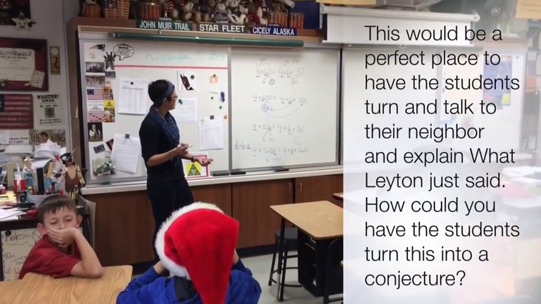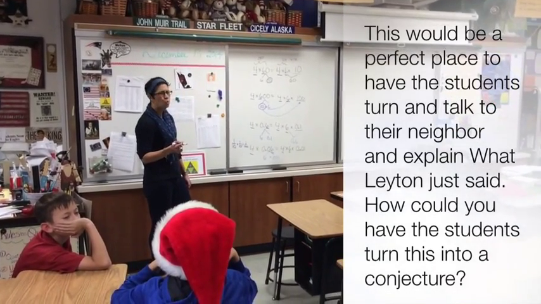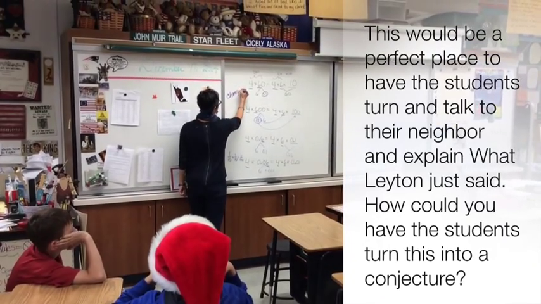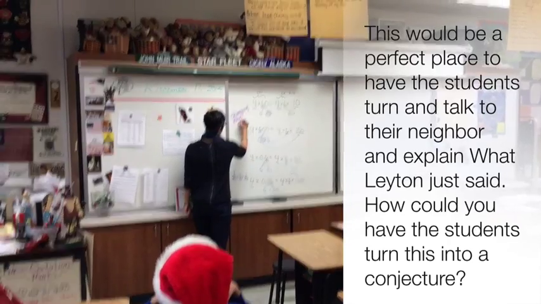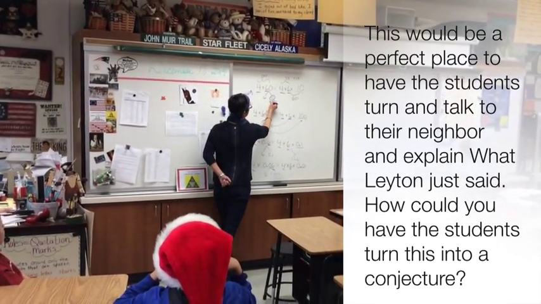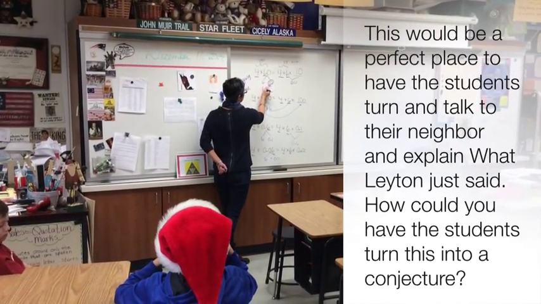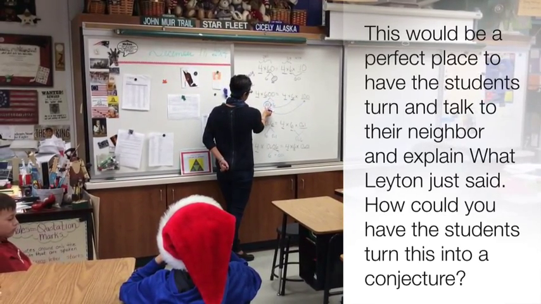The 6 and the 1 are changing their place value. Ooh, changing. Can you explain? Tell me more about that. So on the first problem, the 1 was in the tens place, and the 6 was in the tens place also. And in the second problem, the 1 was in the hundreds place, and so was the 6.